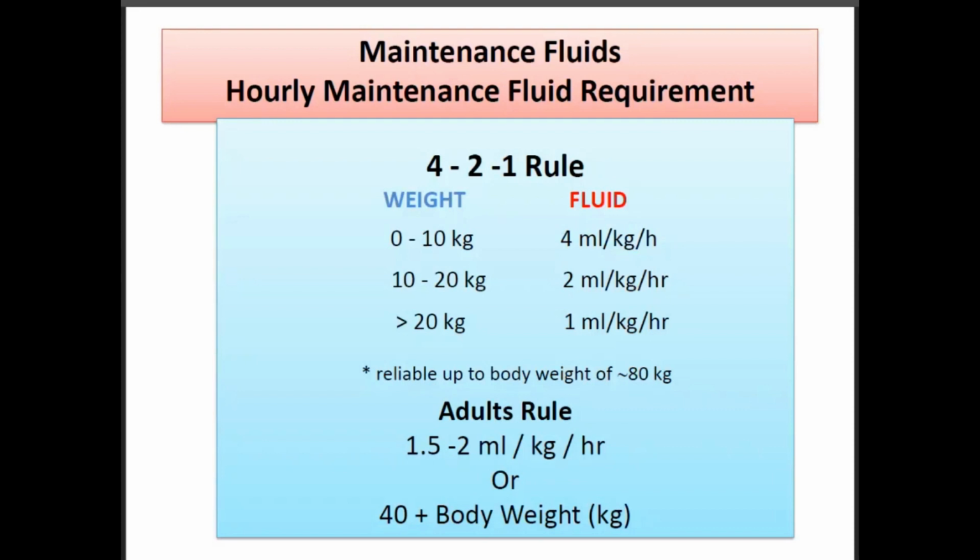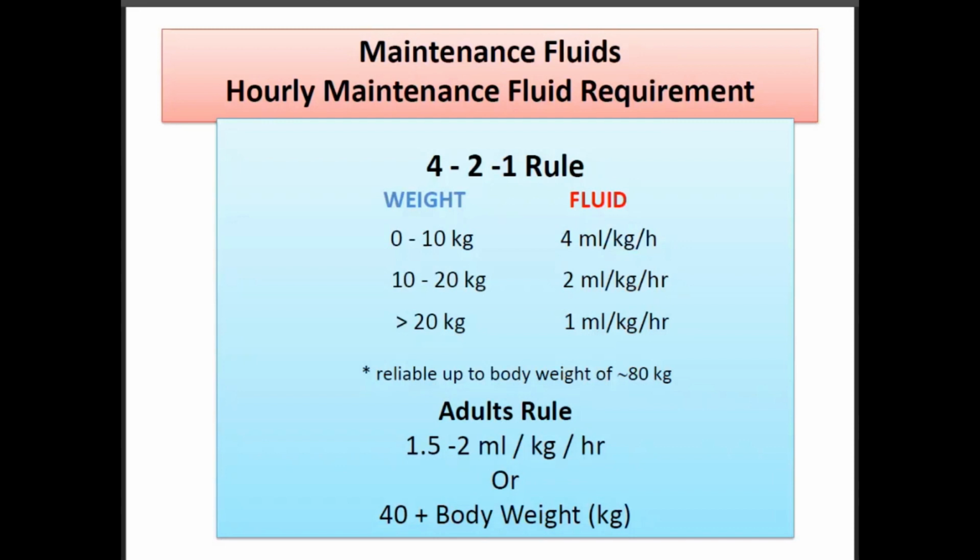So, for example, if you have an adult of 70 kilograms, you can give around 2, which is around 140 ml per hour, which is okay, but in general you avoid overload, so you go with 1.5, which is around 100 cc per hour.